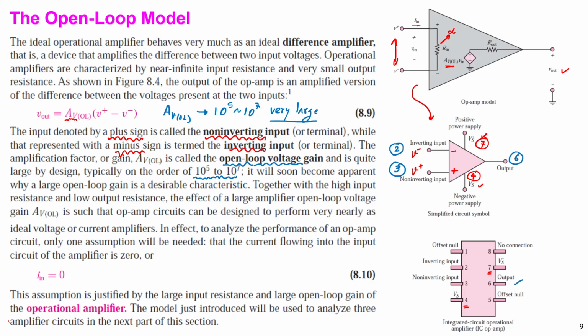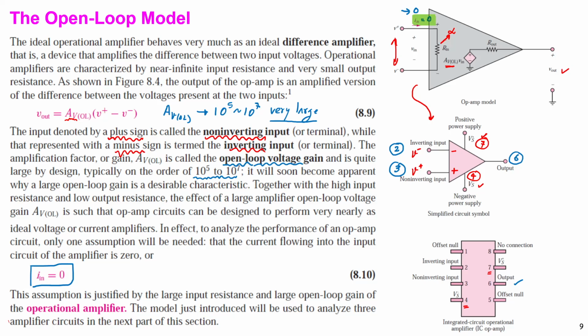Okay. So with this large gain, the property of the op amp is that the current flowing from the input side will be 0. So I_in will be approximately 0. There is no current flow. This is an important property that you need to keep in mind.